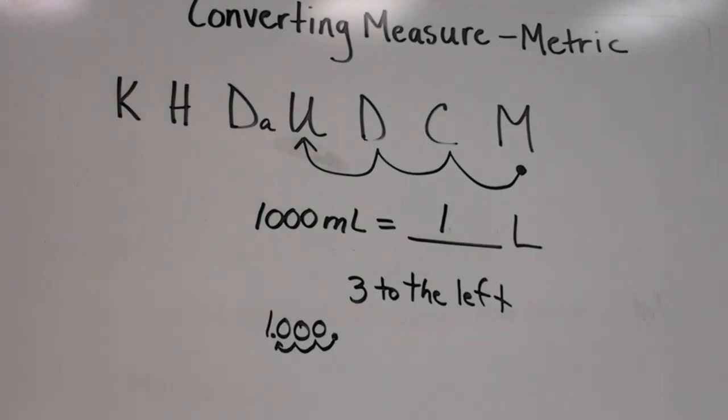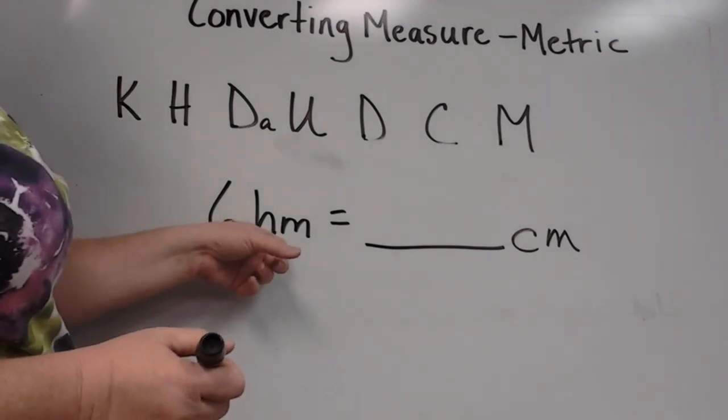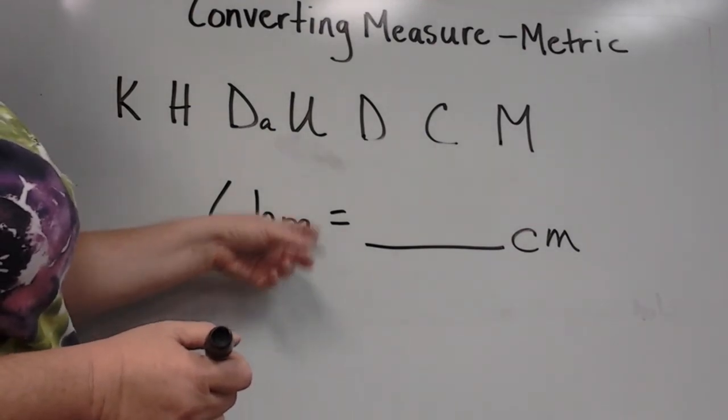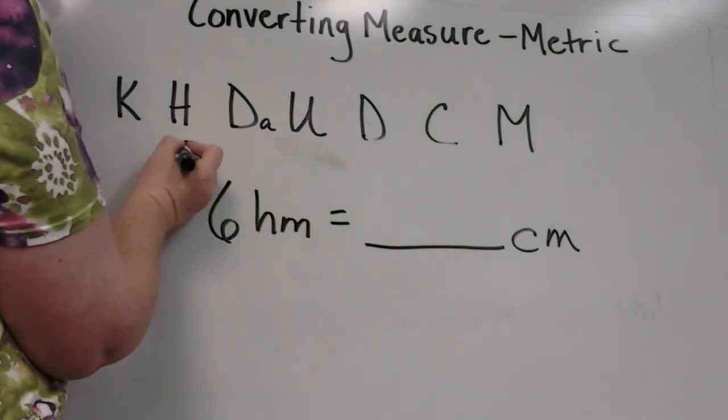Now, let's try another problem. Okay, what if you wanted to find out how much 6 hectometers is? 6 hectometers. Where are we going to start? We're going to start at hecta. Meters is our unit. Okay? 6 hectometers.